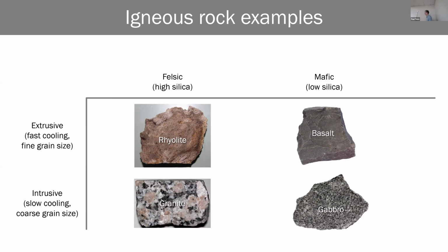And when a volcano is involved, perhaps that's how this magma was introduced to the atmosphere in order to cool very quickly, have that extrusive cooling, not enough time for these minerals to arrange themselves into large crystals, for example, that we might see in granite. So rhyolite and basalt are the fast cooling ones, very small grain size compared to granite and gabbro, and then felsic versus mafic determines the color of it.